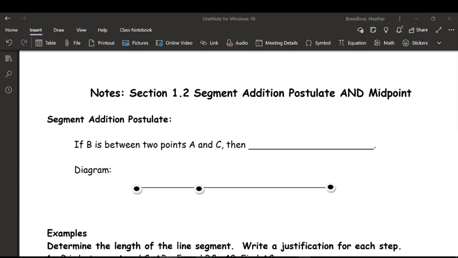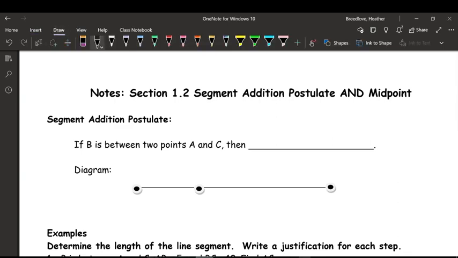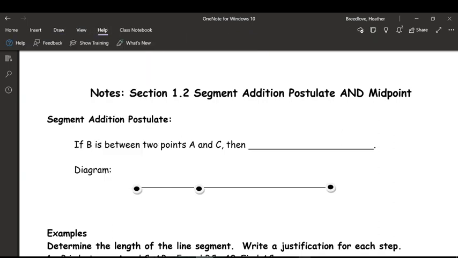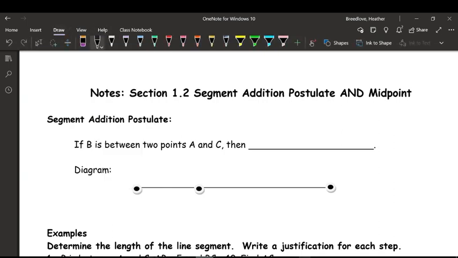If B is between 2 points A and C, then segment AB plus segment BC equals segment AC. That's the postulate, which all that's saying is if B is between 2 points, A and C, then one piece plus the other piece equals the whole thing.